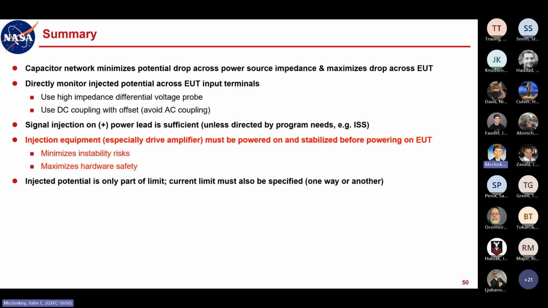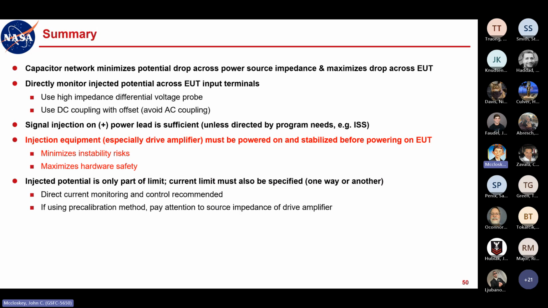There must be a current limit specified one way or another, whether it's directly current monitoring and control, which is what I recommend, or if you're using the pre-calibration method, pay extra close attention to the source impedance of your drive amplifier. Because if it's anything significantly far from what should have been a standard 2 ohm impedance, you could be getting a very different short circuit current than what you expect.